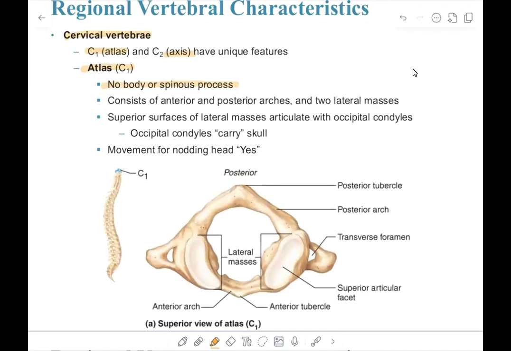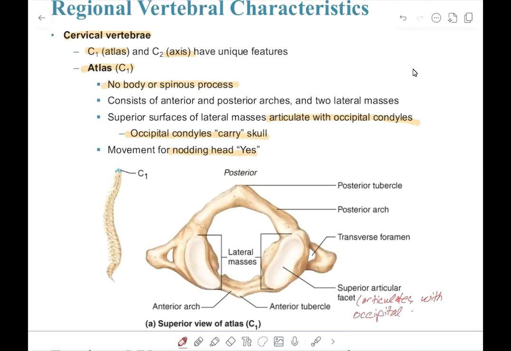It has a superior surface that articulates with the occipital condyle, and that allows it to carry the skull and to nod your head yes. So the superior articular facet articulates with the occipital condyle.